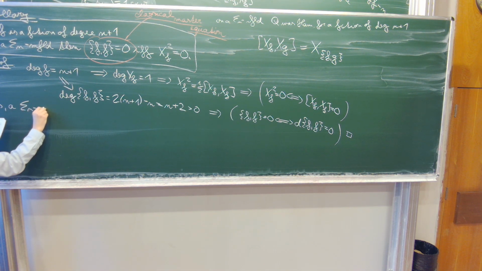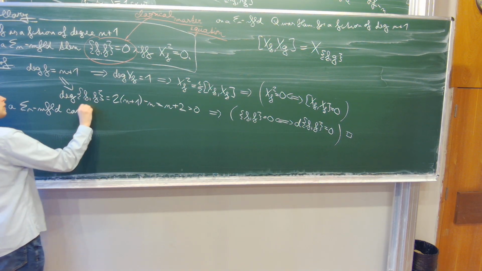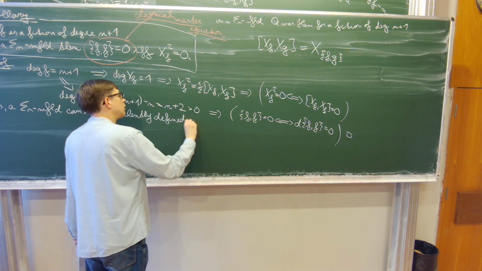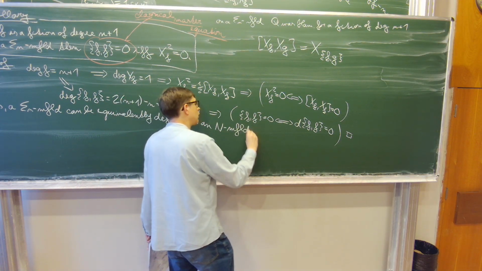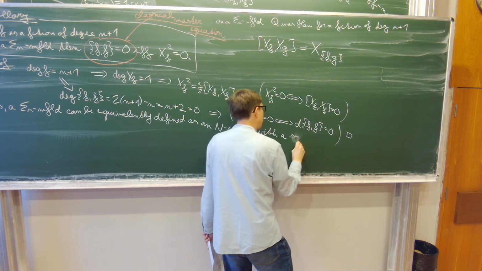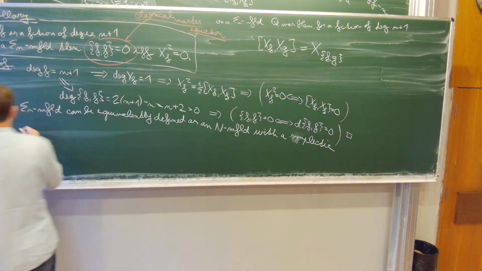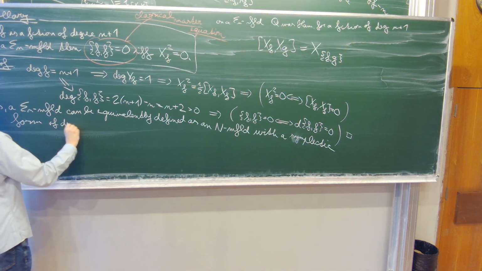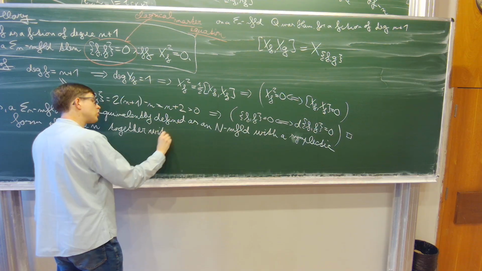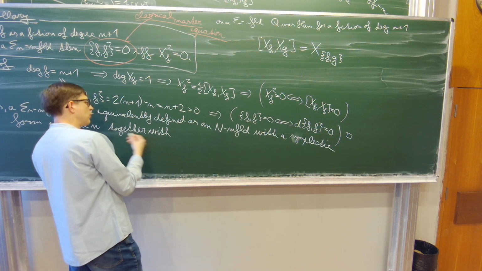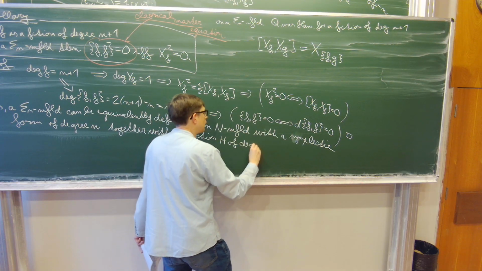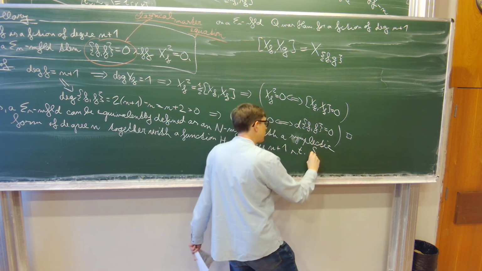We can say that a sigma n manifold can be equivalently defined as an N manifold with a symplectic form of degree n, together with a function, let's say h, of degree n plus 1, satisfying the classical master equation. So instead of talking about the differential, I can phrase it in terms of its Hamiltonian function.